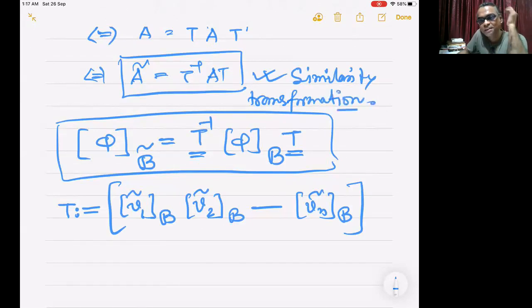So what does that similarity transformation on a matrix tell us? It tells us that similarity transformation gives us a matrix which is a different representation of the same linear map, which has happened because a new basis has been chosen.